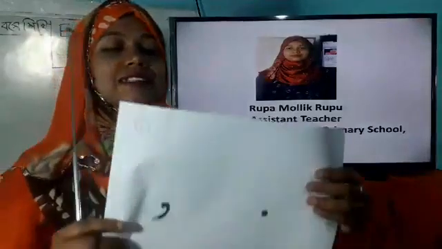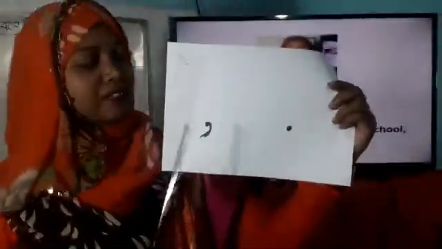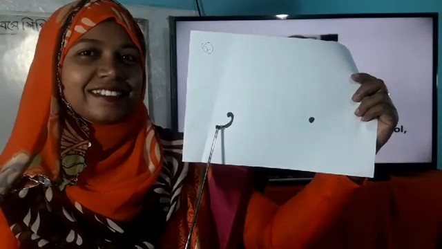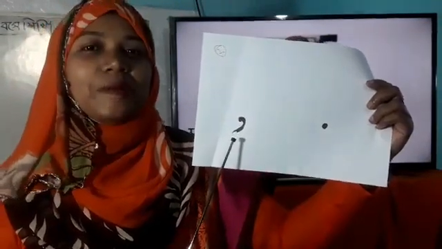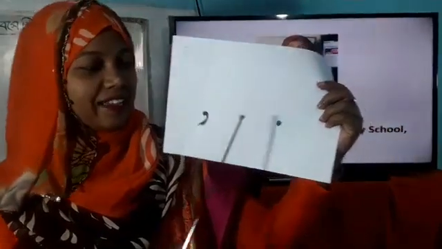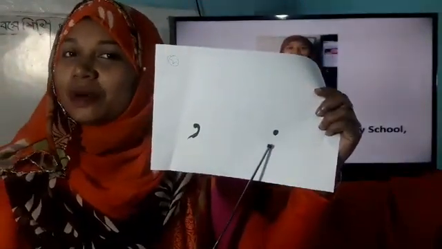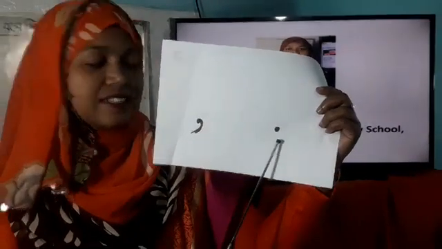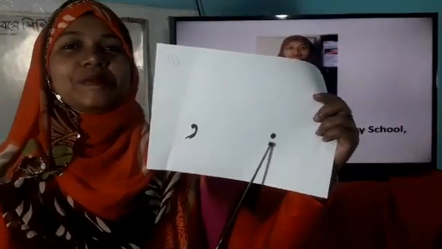My dear learners, this is a punctuation mark. What can you see here? I think you can answer me, and it's a comma. Okay. Dear learners, what is it? Yes, you are right. This is a full stop.